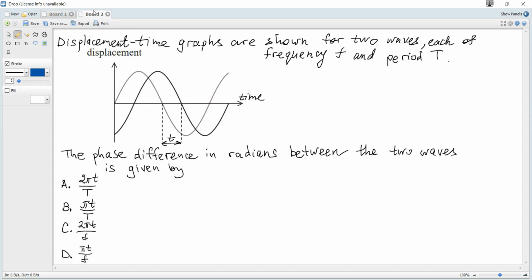And the next example, displacement-time graphs are shown for two waves, each of frequency f and period T. The phase difference in radians between the two waves is given by. First of all, notice that the phase difference is measured in radians or degrees, and you can see that time divided by frequency is 1 over second, so option C is measured in radians multiplied by second squared, which is not true.